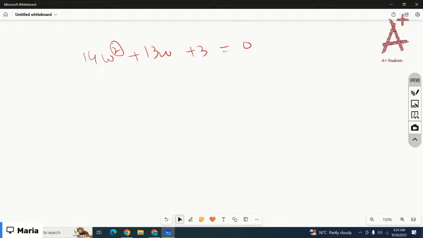So you can solve this equation by factoring, right? Let's multiply the coefficient of w square and 3. 14 times 3 is 42. So you have to find two numbers whose product is 42 and which, when added, make 13. So think of two numbers that multiply to make 42 and add to make 13.